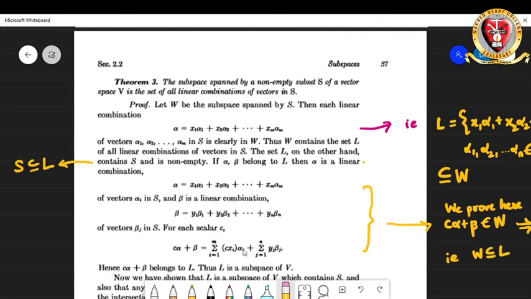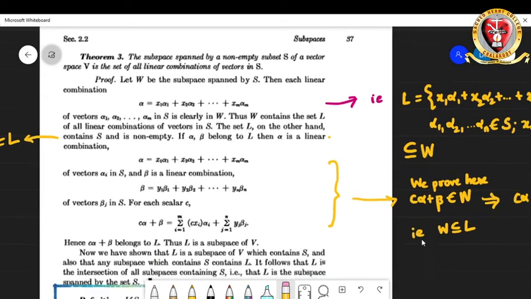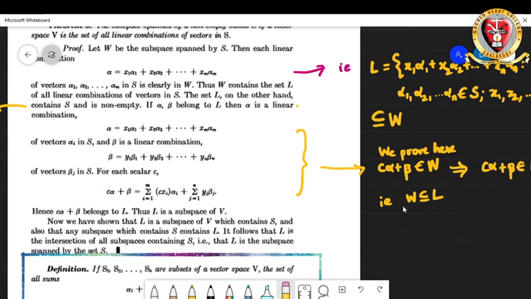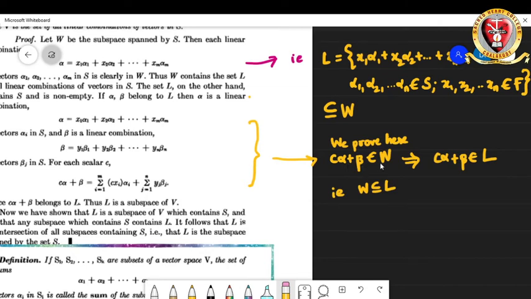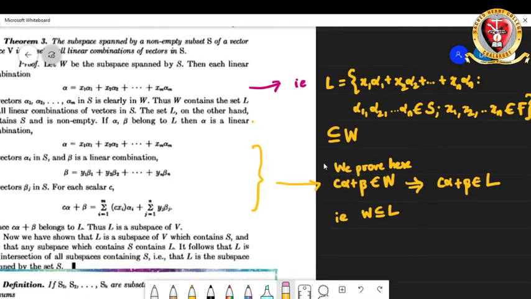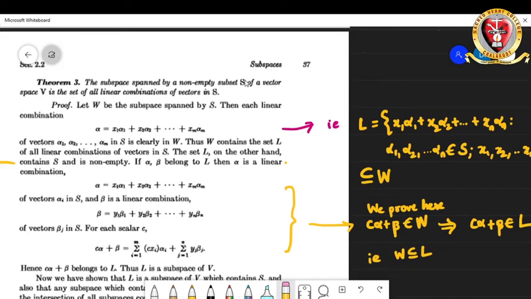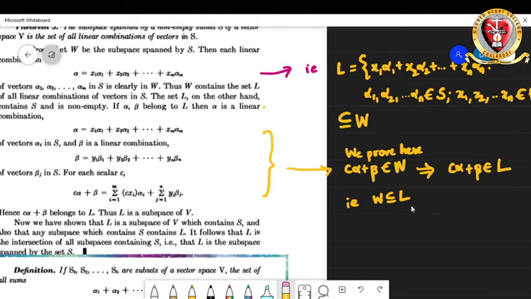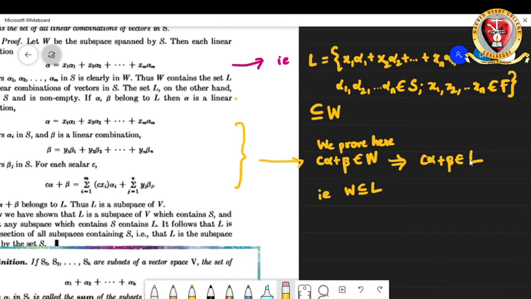Because all these alpha i's and beta j's are inside S, and every linear combination of elements inside S will be inside L. So c alpha plus beta will also belong to L. So what we proved here in the second part is that W being a subspace, we get every c alpha plus beta to belong to L.